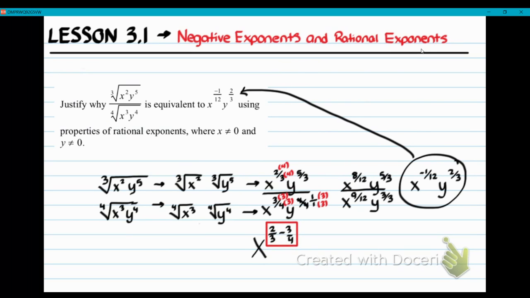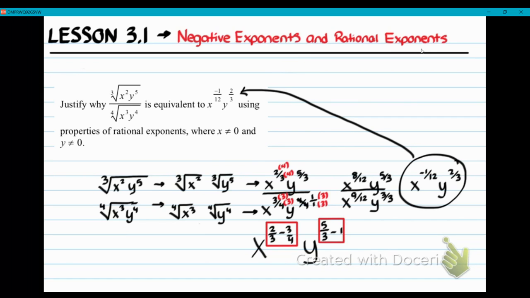We just did it the long way to practice LCM. And then y to the 5 over 3 minus, and you could have put 4 over 4. 4 divided by 4 is just 1. So you would have put this in your calculator, and it would have given you negative 1 over 12 and 2 over 3.